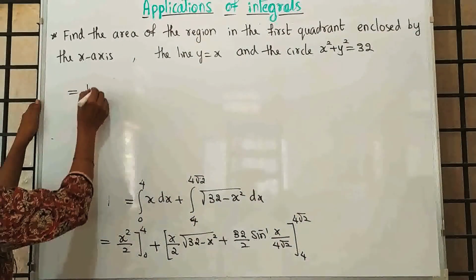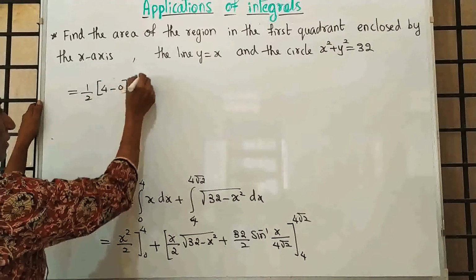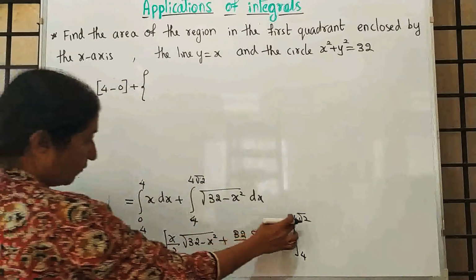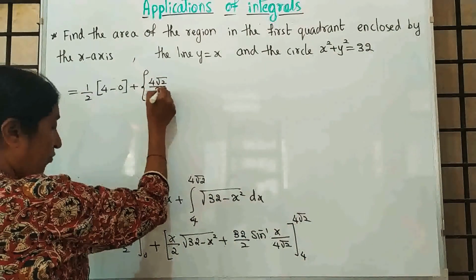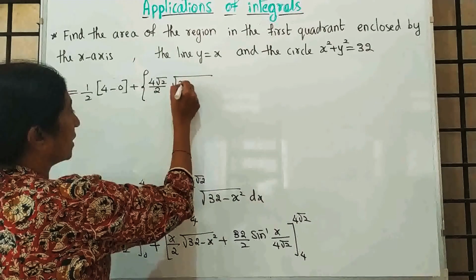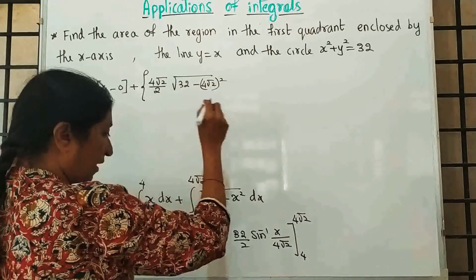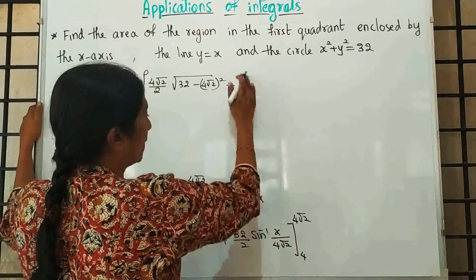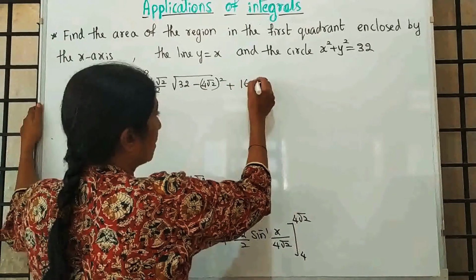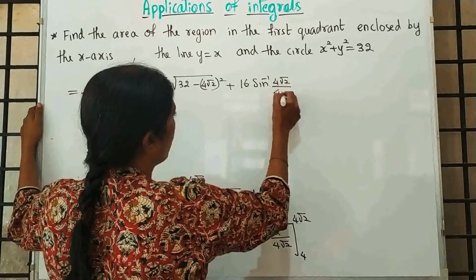1 by 2 outside, 4 minus 0, plus in the flower bracket, 4 root 2 divided by 2 root of 32 minus 4 root 2 whole square. 4 root 2 whole square is 32, plus 16, that is 32 by 2 is 16, sin inverse of 4 root 2 divided by 4 root 2.